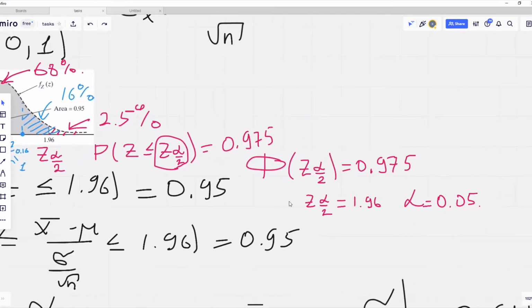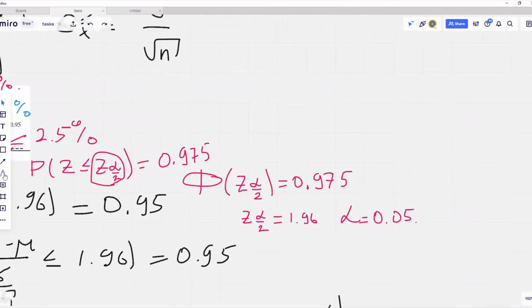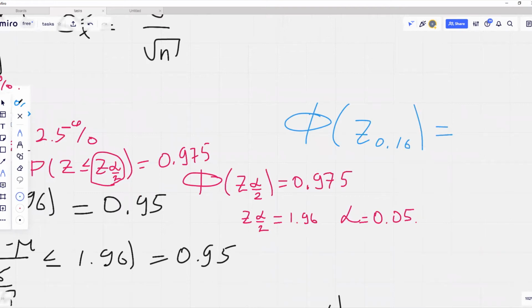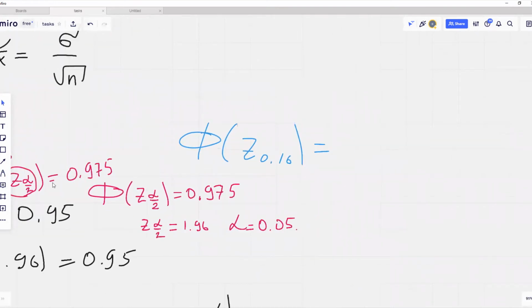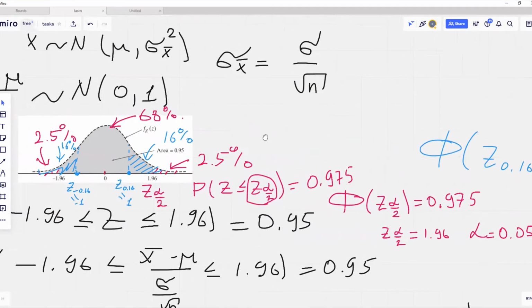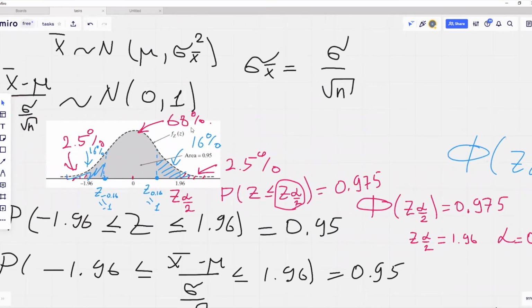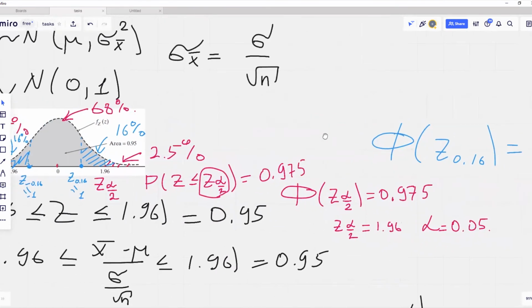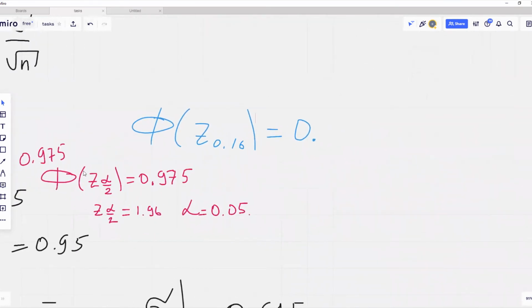Then we need to find such a point where CDF of standard normal is equal to, in that case, 68% lying in the middle plus 16% in the left tail, so this is 84, so 0.84.